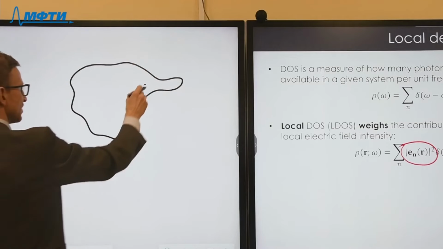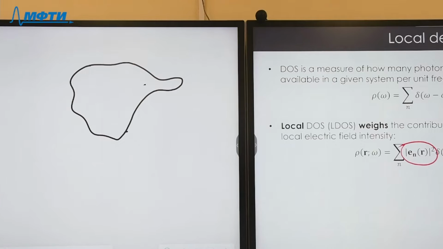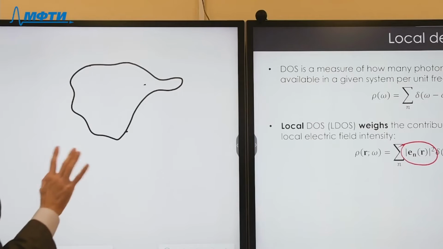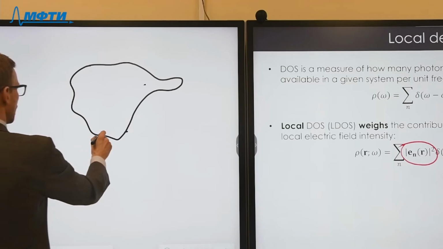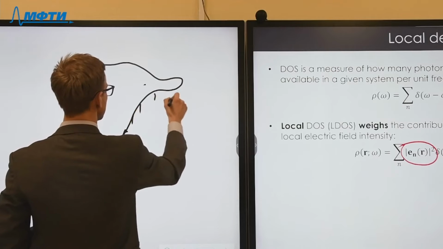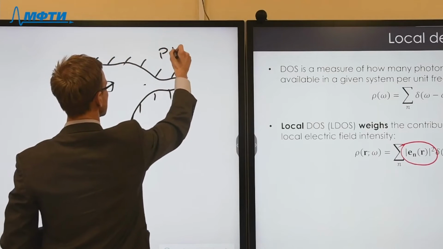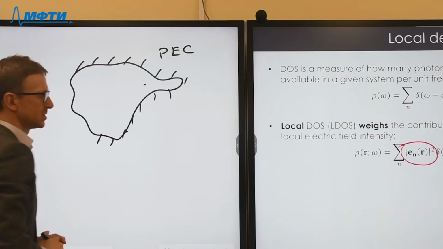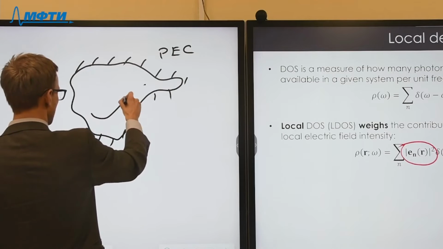And I specifically draw that little appendix here, a little perturbation. We can solve Maxwell equations for this resonator bounded by perfect electric conductor walls, and we can find the eigenmodes of this structure.